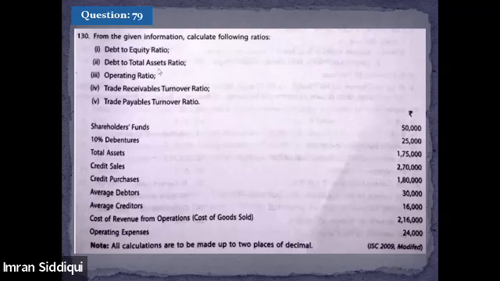Okay, and the next answer, 5.83:1. This is for the debt to assets ratio.